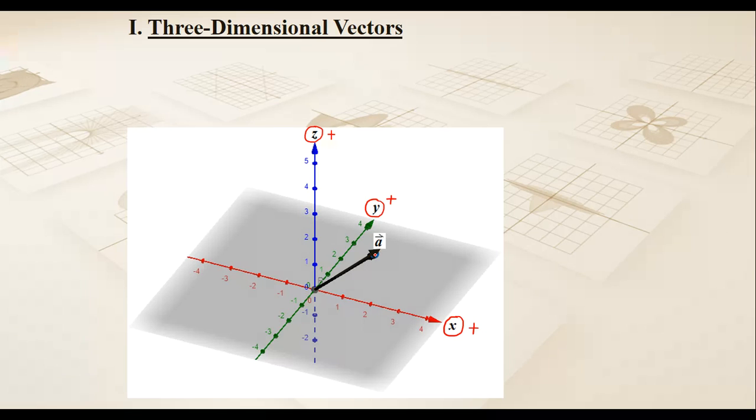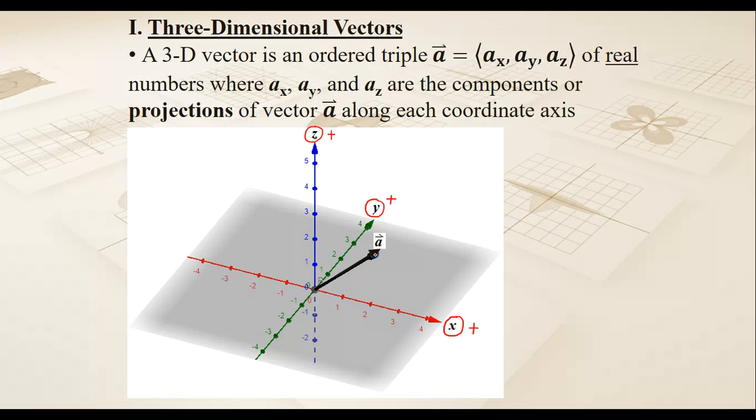Now, what I'm interested in doing is I want a way to actually represent this vector in 3-dimensional space. And here's how we do it. We're going to represent the 3-dimensional vector as what we refer to as an ordered triple.